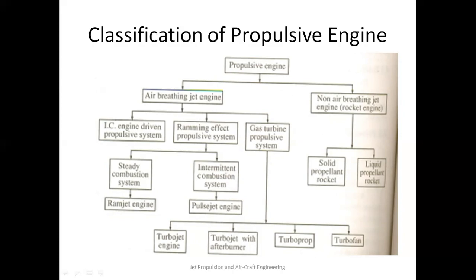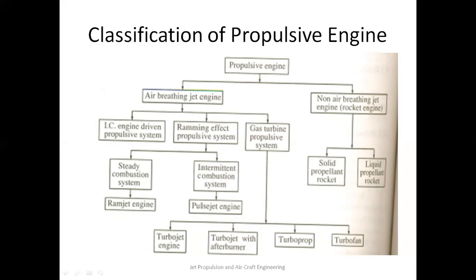In the steady combustion system, the combustion takes place in a steady manner, and the example is the ramjet engine. While in the intermittent combustion system, the combustion takes place in a pulsating manner, as we have seen in the IC engine, and the example is the pulse jet engine.